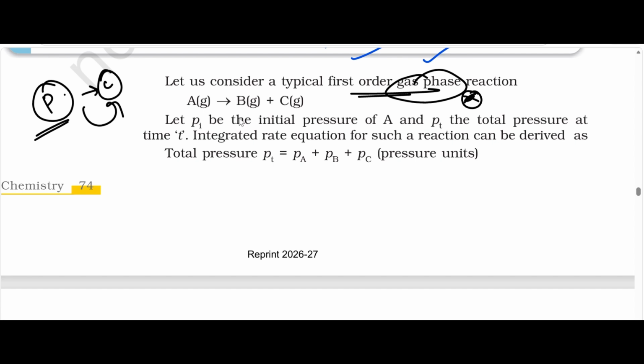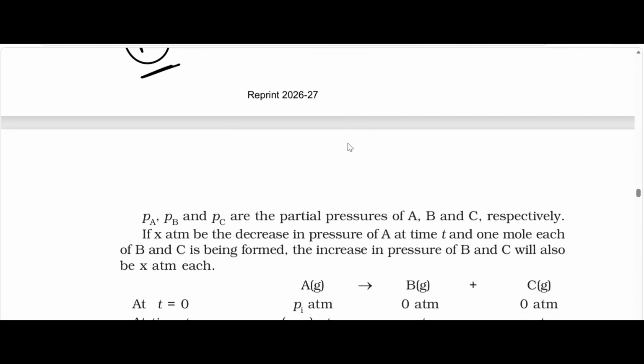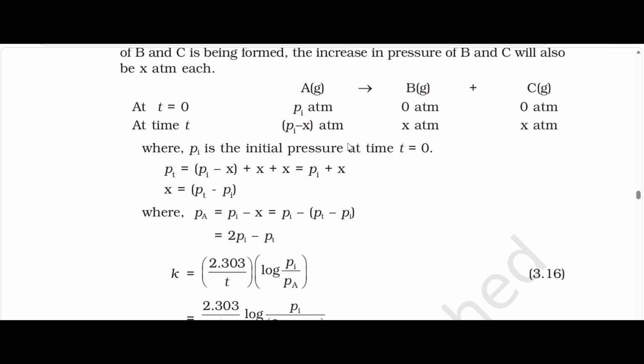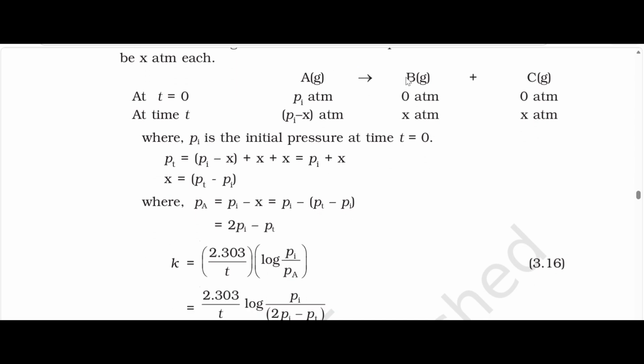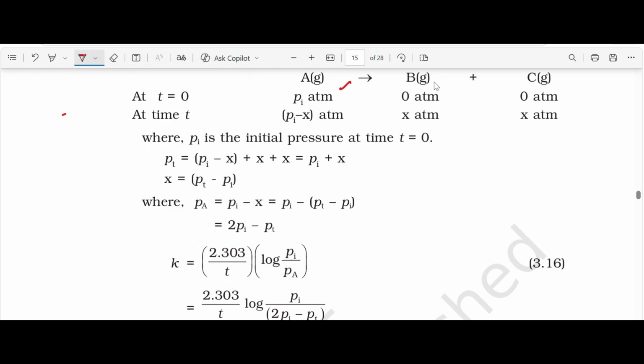So at that time, if all are gases, reactants as well as products, let us imagine a reaction A converted into B and C and all are gases. At that time, what will be the rate constant in terms of pressure for this reaction? Clear? Now let's check what the rate constant will be. So directly I have written the equation as A gives rise to B plus C.